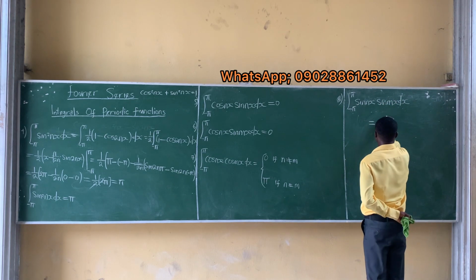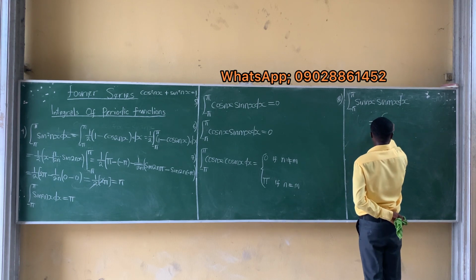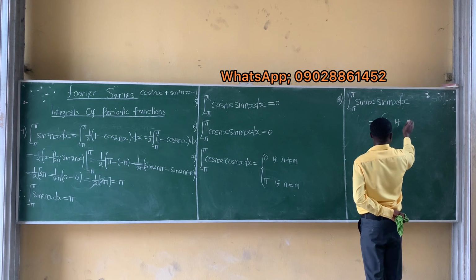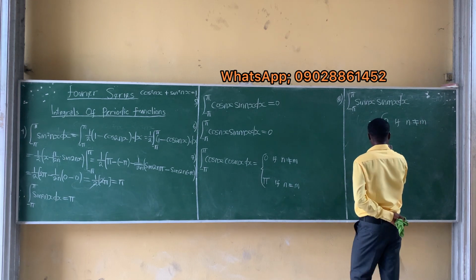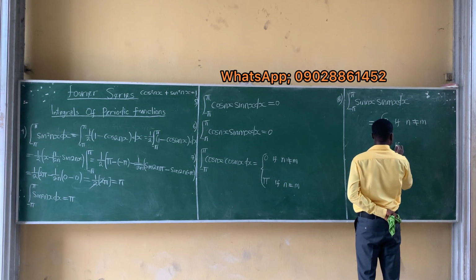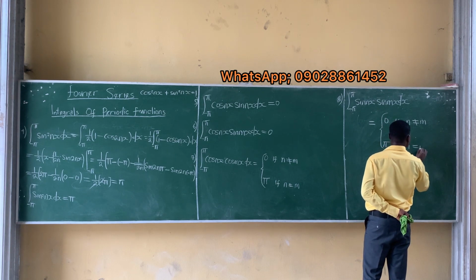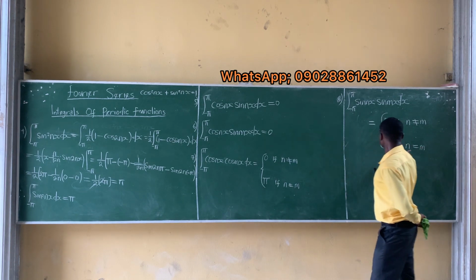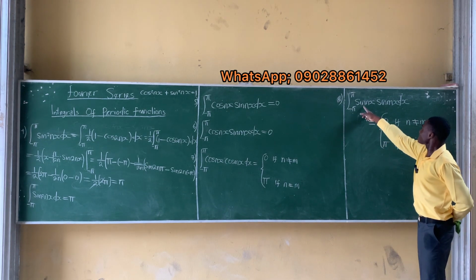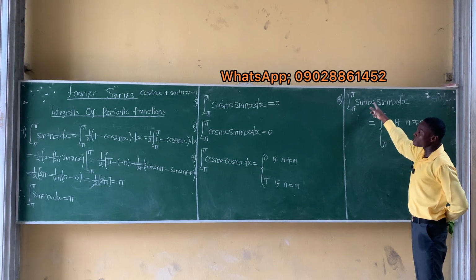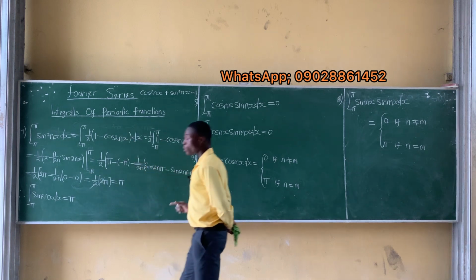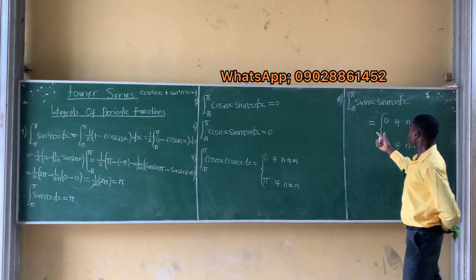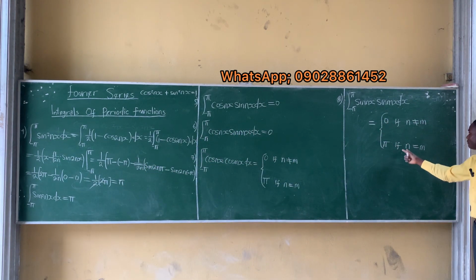And this will give us 0 if n is not equal to m. And this will also give us pi if n is equal to m. Because we have seen that if n is equal to m, we have sin square nx. And we have seen that the integral of sin square nx dx is equal to pi. So this implies that we are going to have pi if n is equal to m.